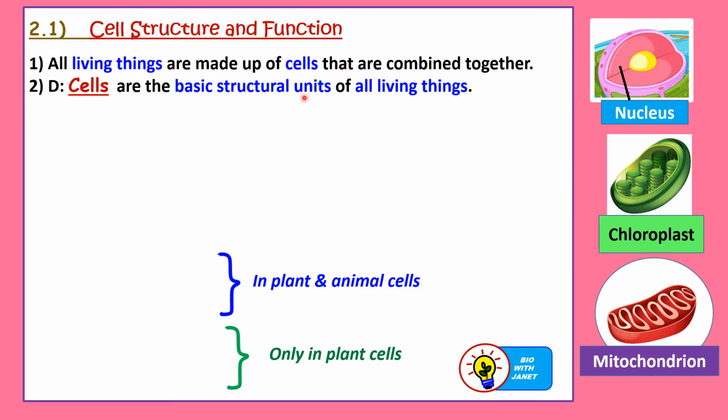That means they are the units that are used to build up the structure of the body of living things or organisms, such as human beings, animals like cats, fishes, insects, even worms, and so forth. They are all made up of cells.